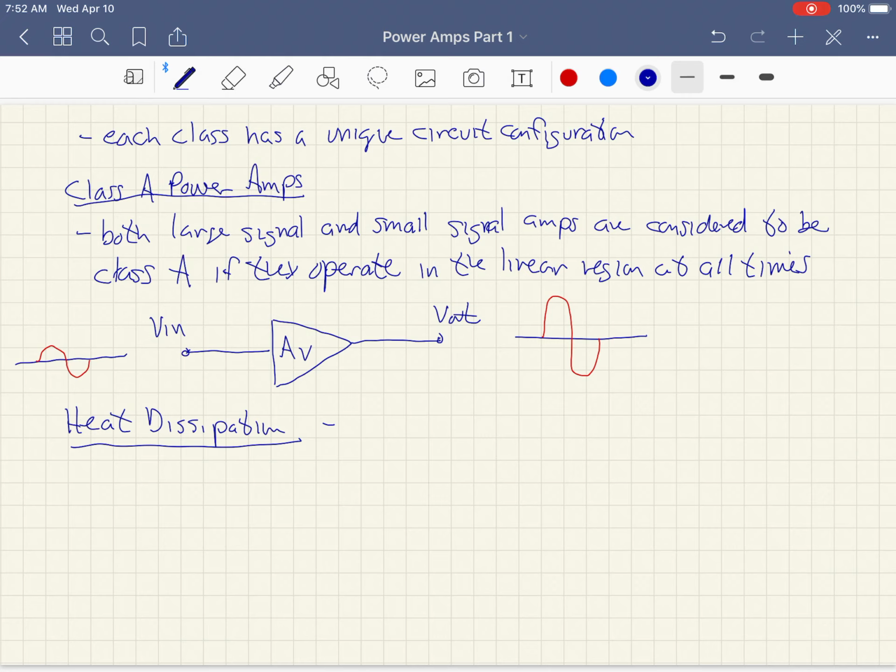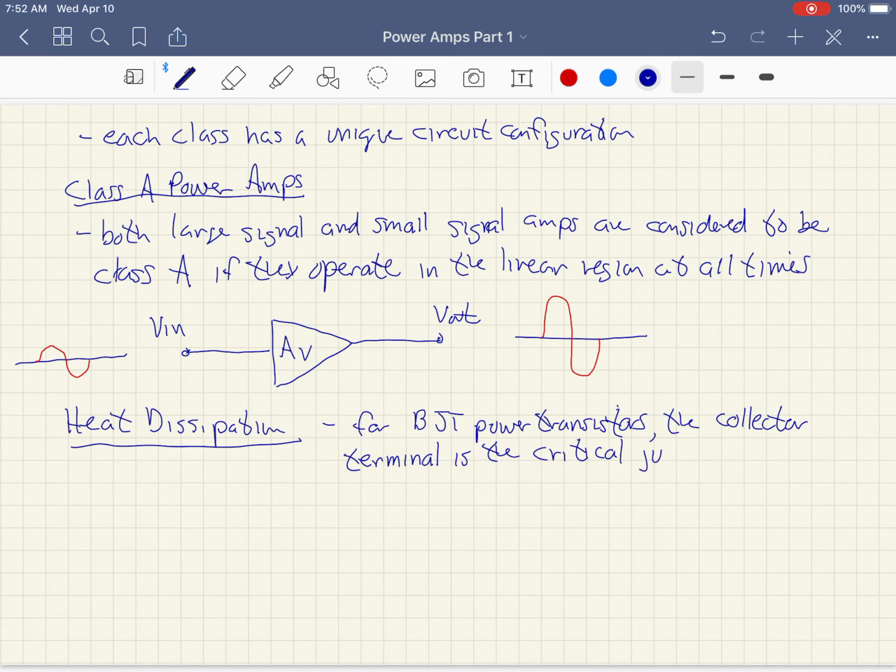So for bipolar junction power transistors, the collector terminal in particular is a critical junction, and we'll see why.